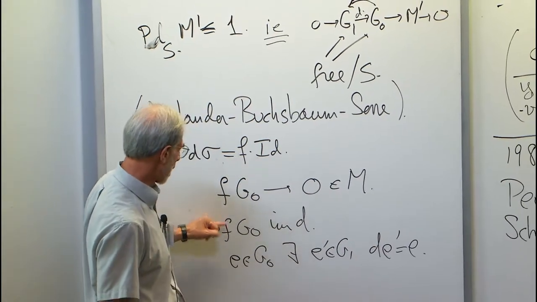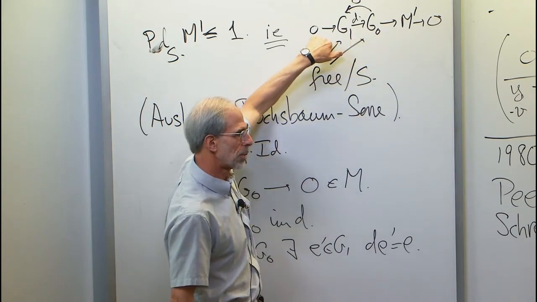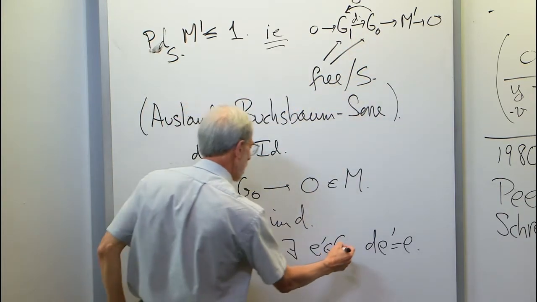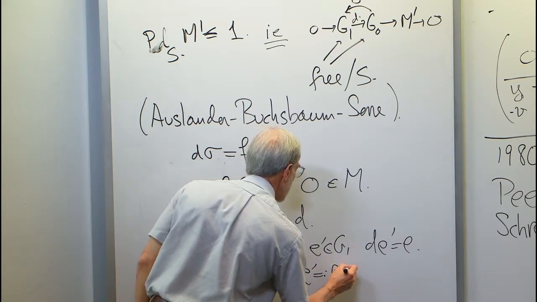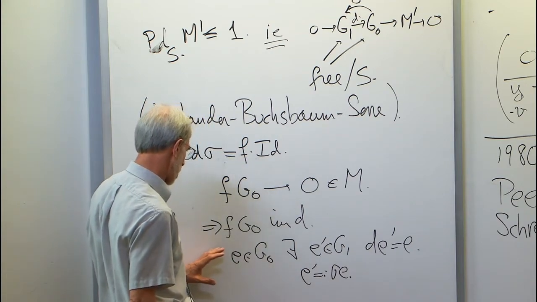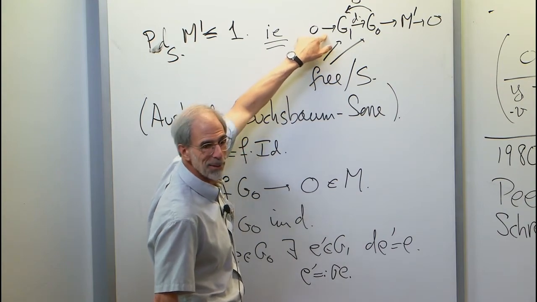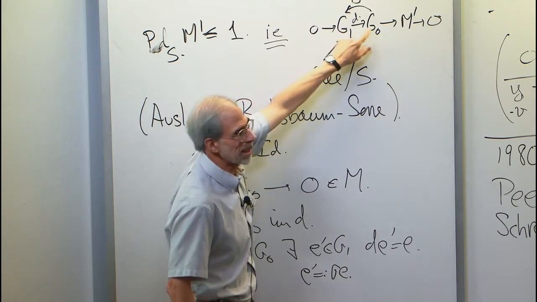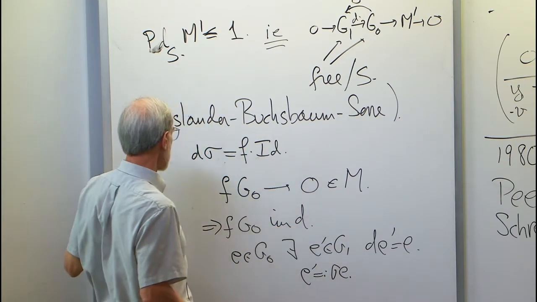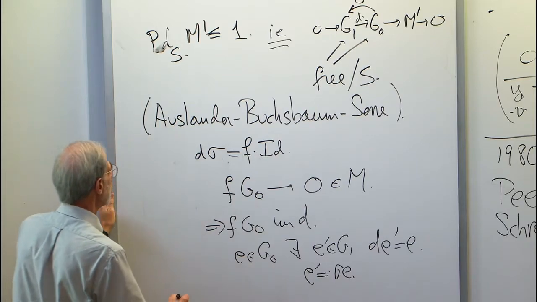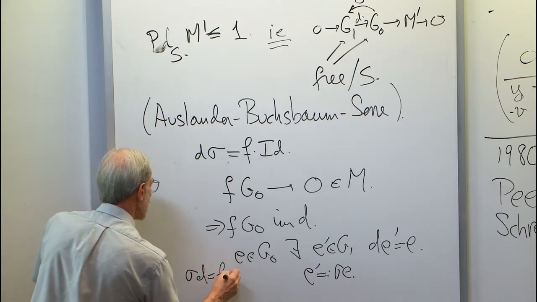And if I do that for every element of a basis, then I've constructed a map sigma from G naught to G1. So I'll define e prime to be sigma of e. That's not a unique choice, of course, but maybe it is a unique choice, actually, because this was a monomorphism. So there's only one e that goes to a given element. Okay, so that's good, but more is true, actually, because sigma d is also equal to f times the identity.